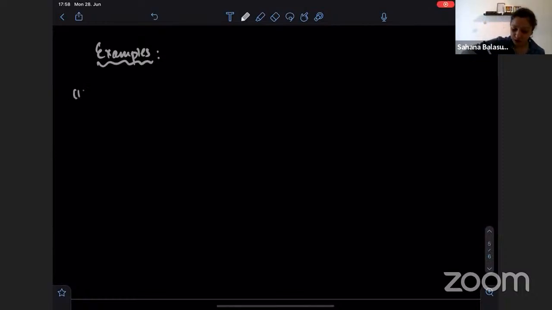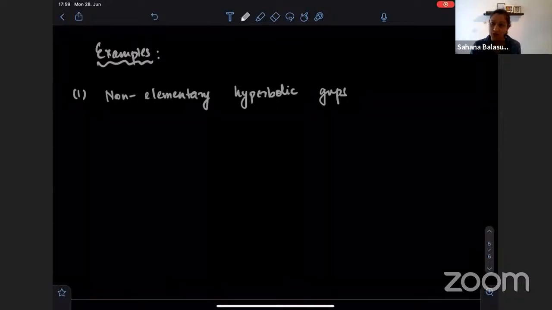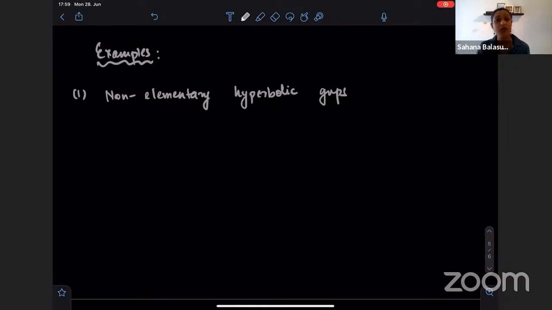So the first example that I'm going to mention are the non-elementary hyperbolic groups. If your group is hyperbolic, but it's not finite or virtually Z, so it's non-elementary, then it is very much acylindrically hyperbolic. And where can you witness this behavior? Well, you can witness it on the Cayley graph of your group.